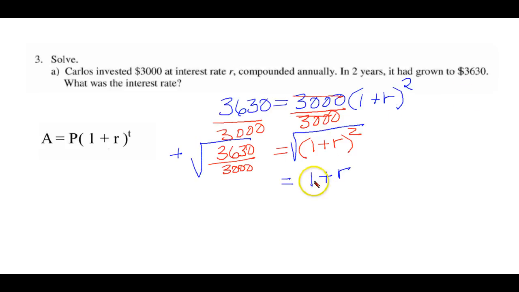So, what are we going to do now? Well, we can subtract 1 from this side. It's going to be r. And then when we get this, which is our answer here, when I take the square root of what I have here, it comes out as plus 1.1.